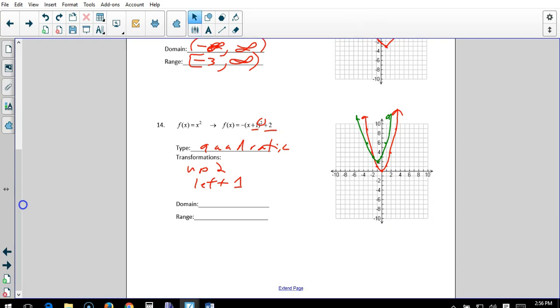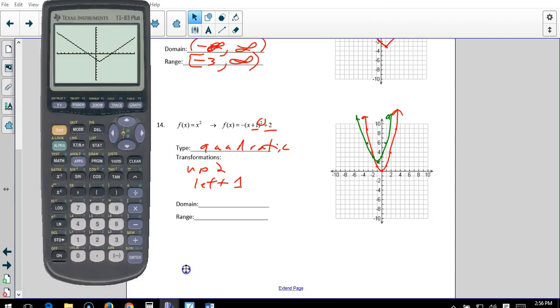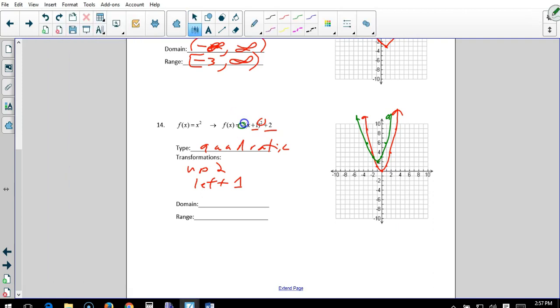Again, I can use my calculator though to confirm. X squared graph. Oops. I had this a little negative here, didn't I? I'm on a roll. Attention to detail. So this negative is going to flip it over the x-axis. It's going to turn it from a smile to a frown.